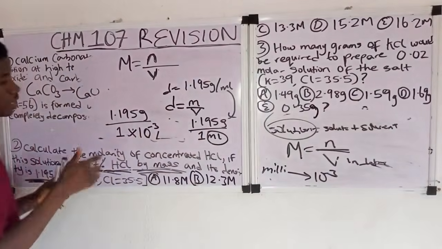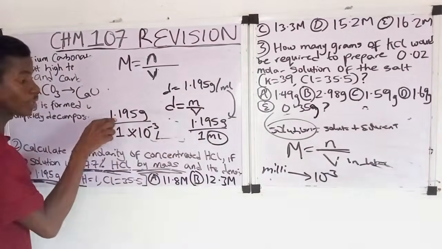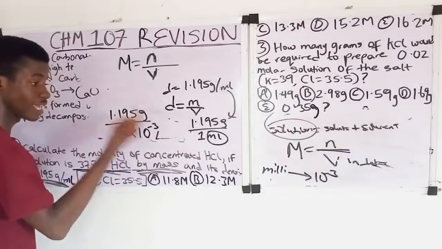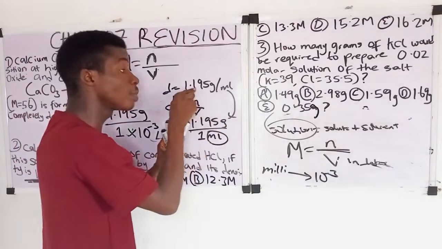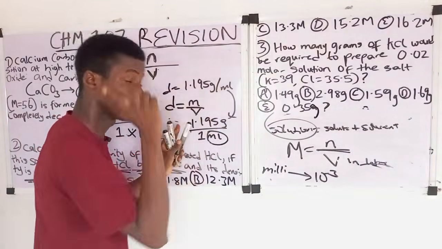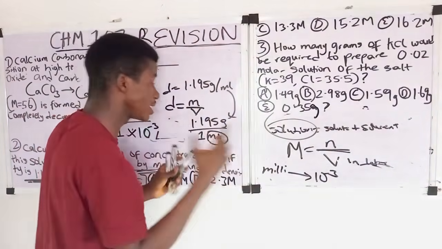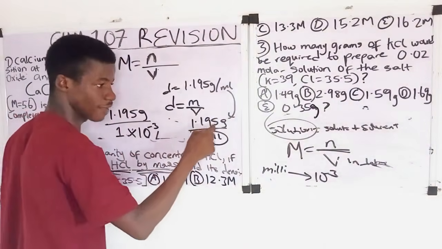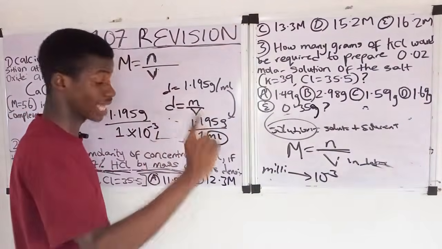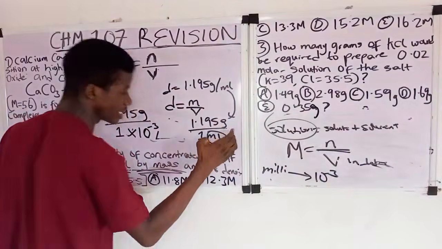Okay, let's continue. The density is 1.195 gram per mil, right? Yes. And I told you it's the same thing as 1.195 gram dividing 1 mil, right? Yes. Now what next?